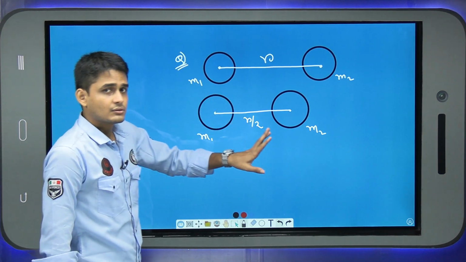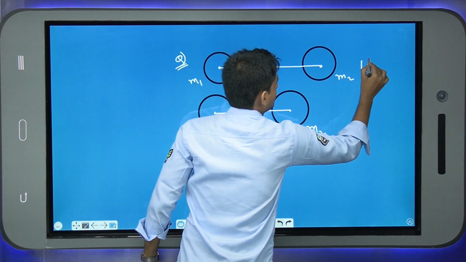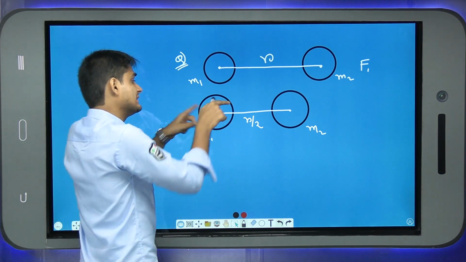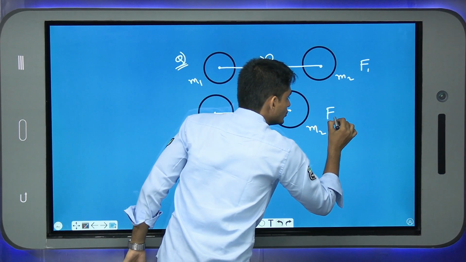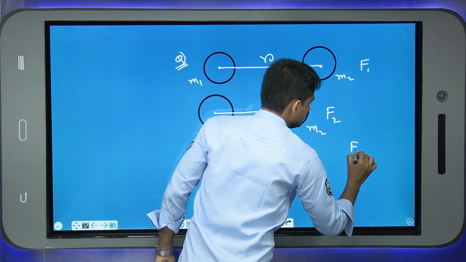If the force of gravitation between two masses is F1 in the first case and F2 in this case, then what will be the value of F2?